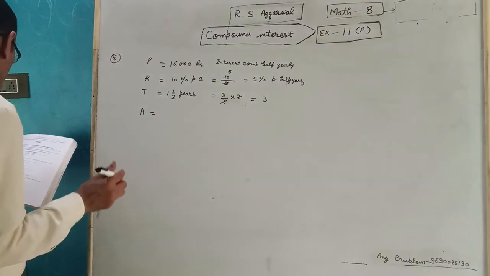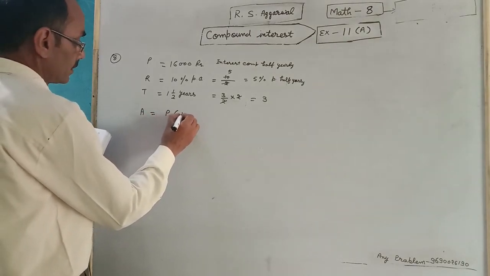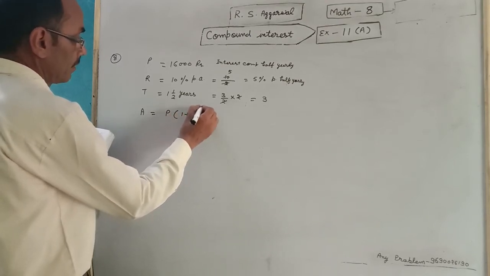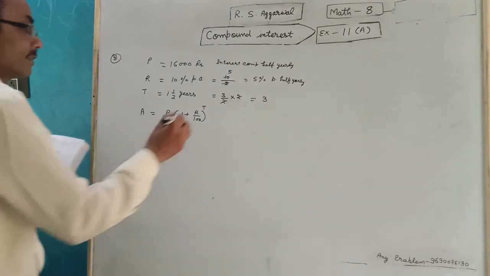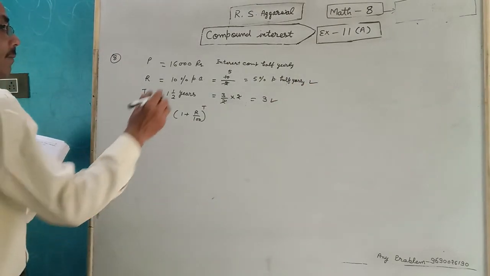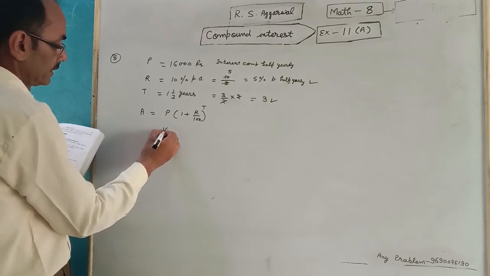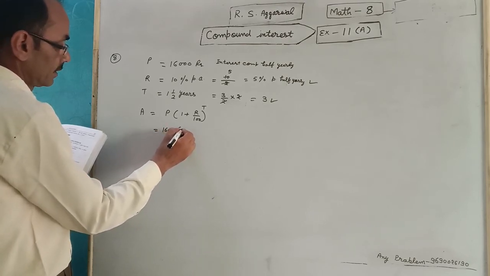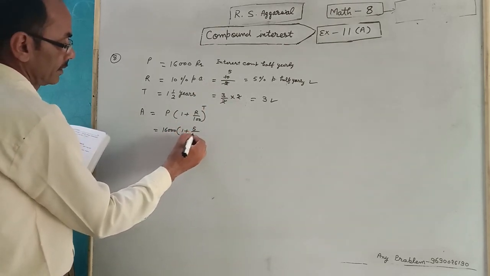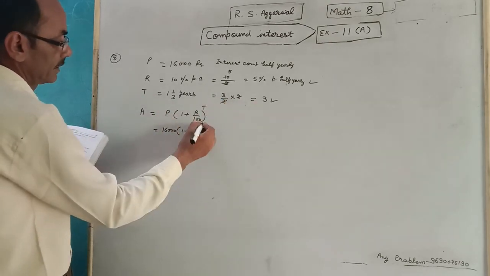So we find the amount. 1 plus R upon 100 power T. Put the value for half yearly. P is equal to 16,000. 1 plus R value changes to 5 upon 100. T value will be 3.